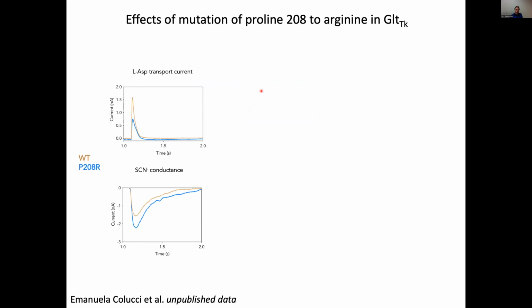And so we made this mutation, and we measured with the SSM machine both the aspartate-induced currents from only the sodium aspartate symport, so in the absence of the anions, and also the thiocyanate conductance, so in the presence of sodium aspartate and the permeant anion.